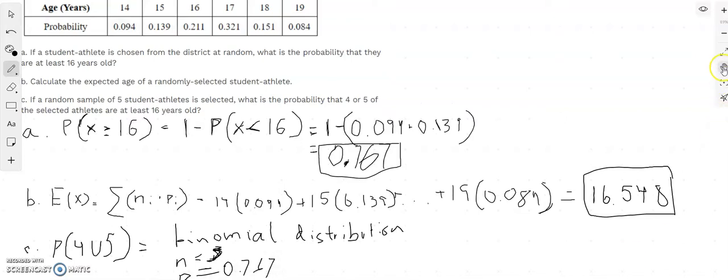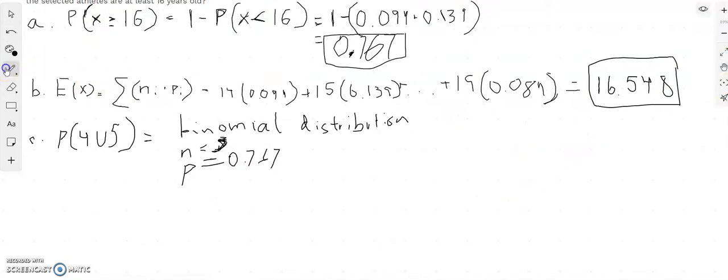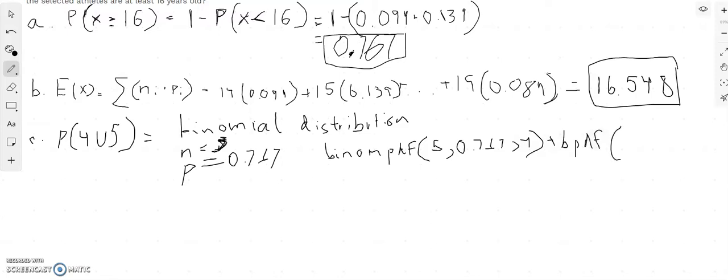I'm going to move the screen up. From this point, we will do binomPDF(5, 0.767, 4) plus binomPDF(5, 0.767, 5), which is going to give us, I'm going to pause the video and calculate that answer.